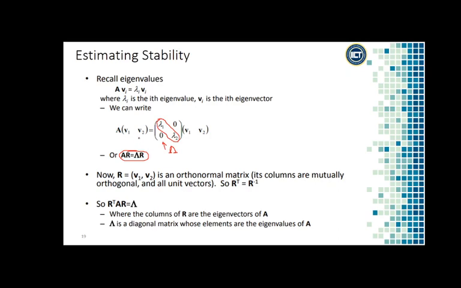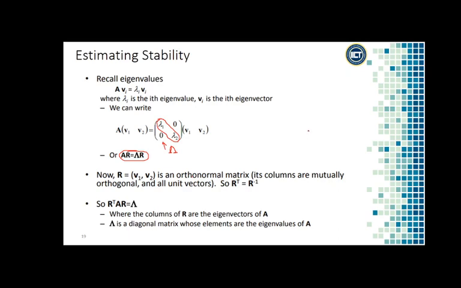That's what we mean by orthogonal. So now R, which consists of vectors v1 and v2, is an orthonormal matrix. Orthonormal means that a set of vectors is said to be orthonormal if they are all normal, and each pair of vectors in the set is orthogonal.